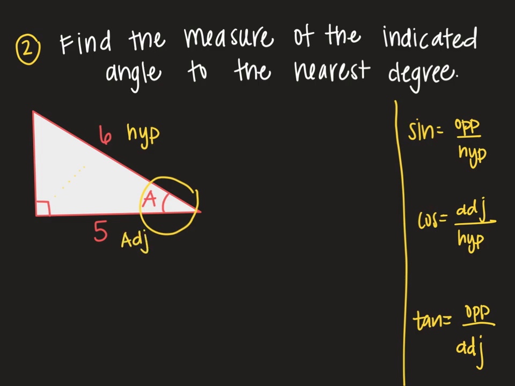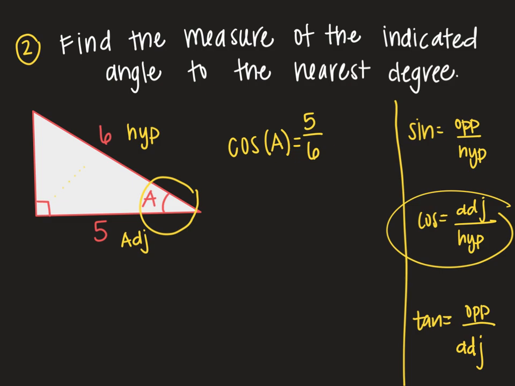So we want to look at our trig functions. Which one uses hypotenuse and adjacent? No, yes, no. So we're going to use cosine. So we do cosine of our angle, which is A, equals the adjacent side, which is 5, over our hypotenuse, which is 6.